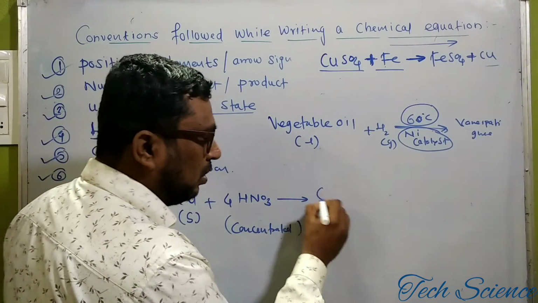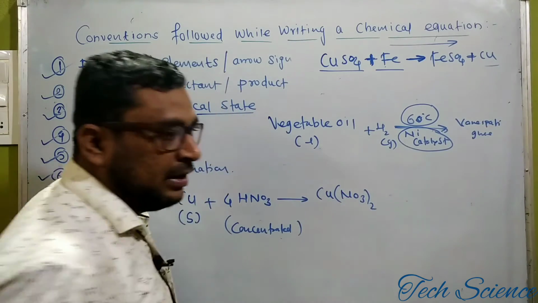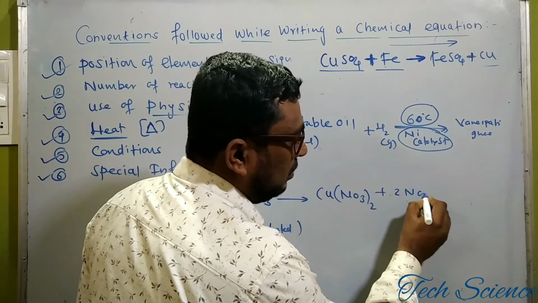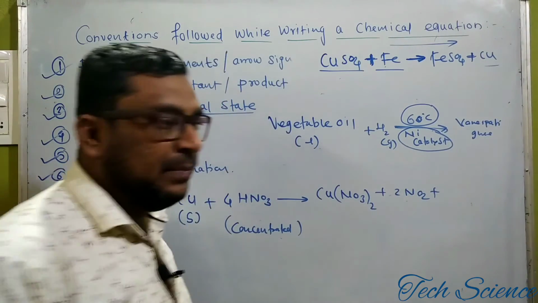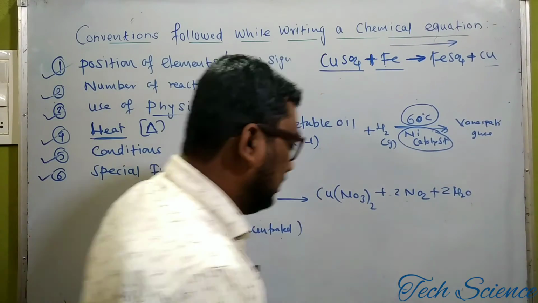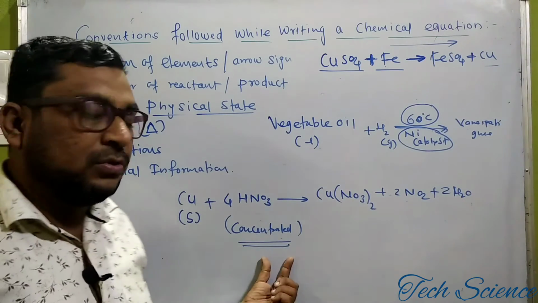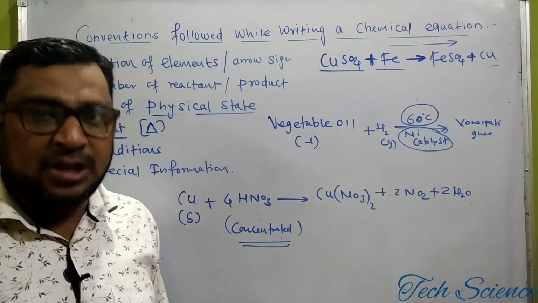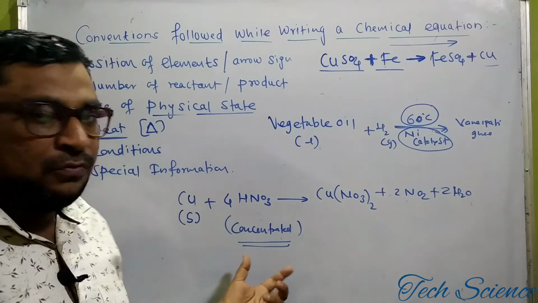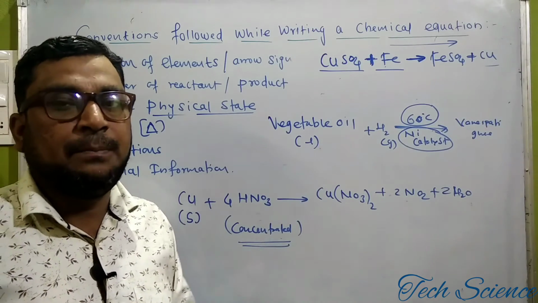And here copper nitrate has been formed, Cu(NO3)2, along with poisonous nitrogen dioxide gas liberated, with formation of water. So when you write whether it is a dilute solution or a concentrated solution, meaningful information is given to the end user to perform the experiment or the reaction in a very simple manner.